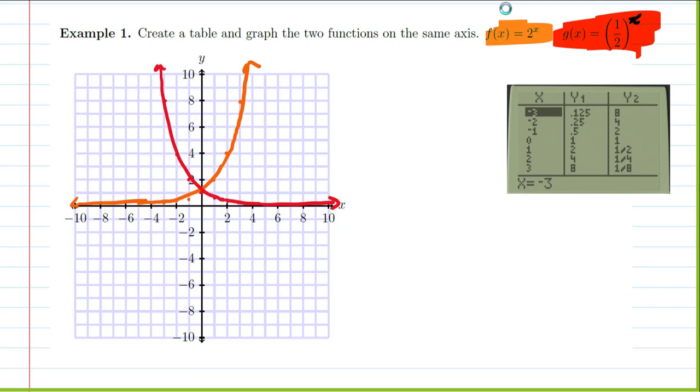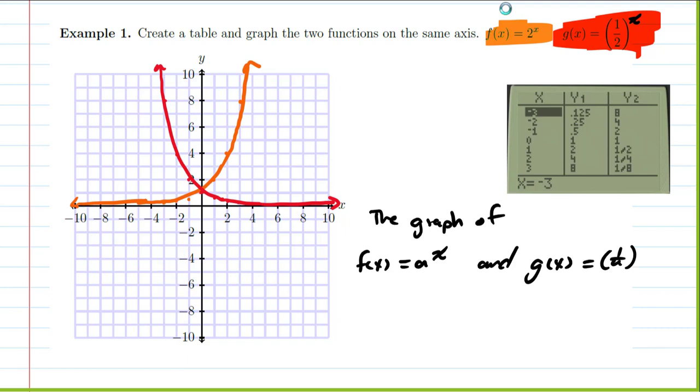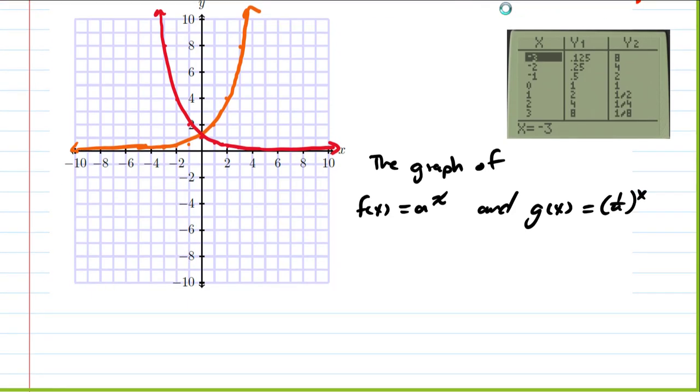And it turns out that that's true, that the graphs of f of x equals a to the x and g of x equals 1/a to the x are reflections across the y-axis.